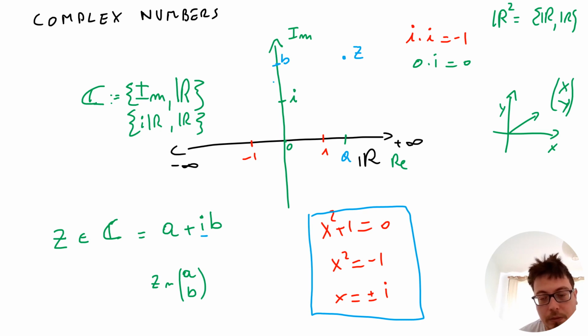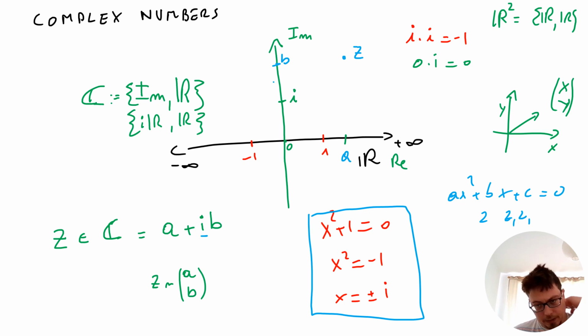Not to know about all the details, but you can solve any polynomial equation, even bigger than quadratic, and you will have exactly the same number of solutions in the complex field. So if it's square, you will have 2 complex numbers. If it's cube, 3, 4, and etc.